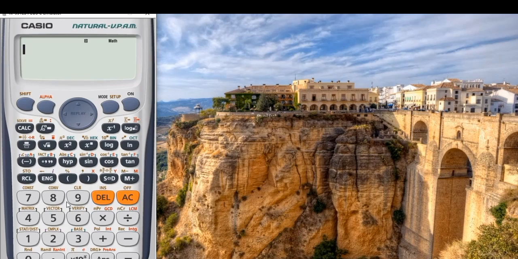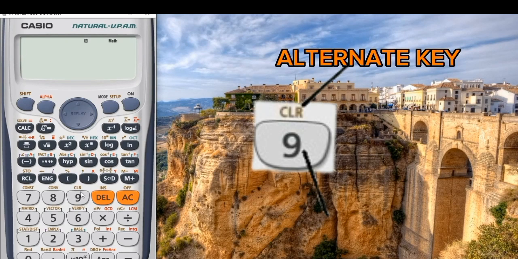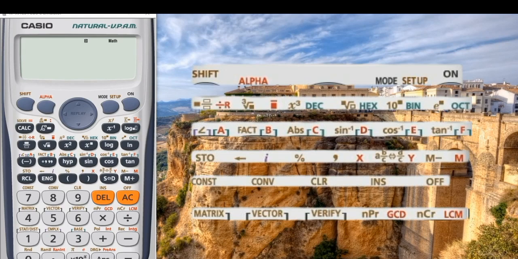When we also check the keycap function key 9, its alternate function key is the clear, that is the CLR. The alternate function keys are categorized into 4 different color groups. We have the keys that are yellow in color, those that are red in color, those that are green in color, and those that are purple in color.